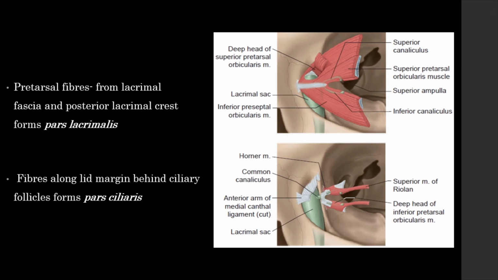The deep head fuses around the common canaliculus, and this is also called the pars lacrimalis, otherwise known as Horner's muscle. The lateral extensions of the pretarsal orbicularis form the muscle of Riolan, otherwise called the pars ciliaris, which passes along the ciliary follicles.